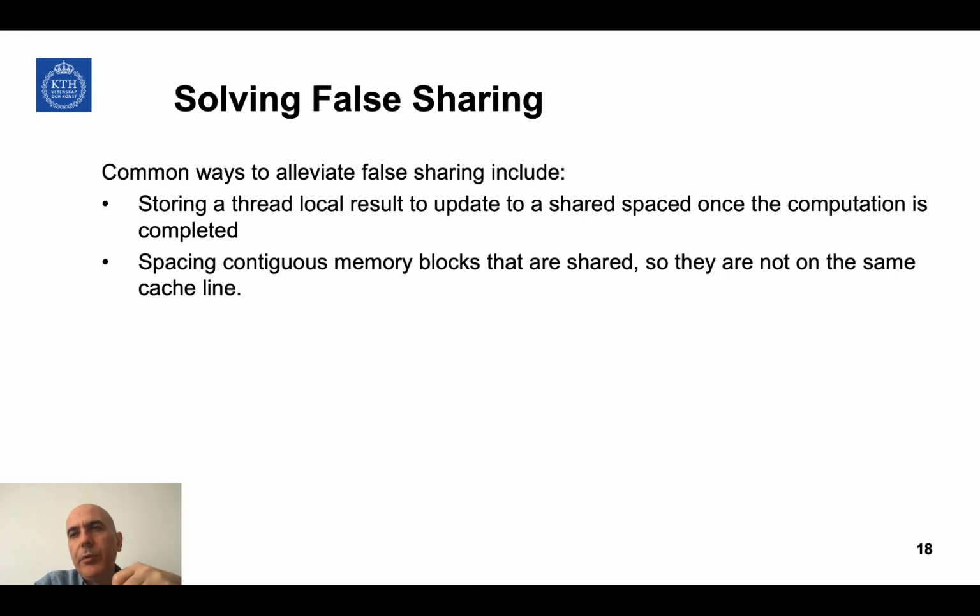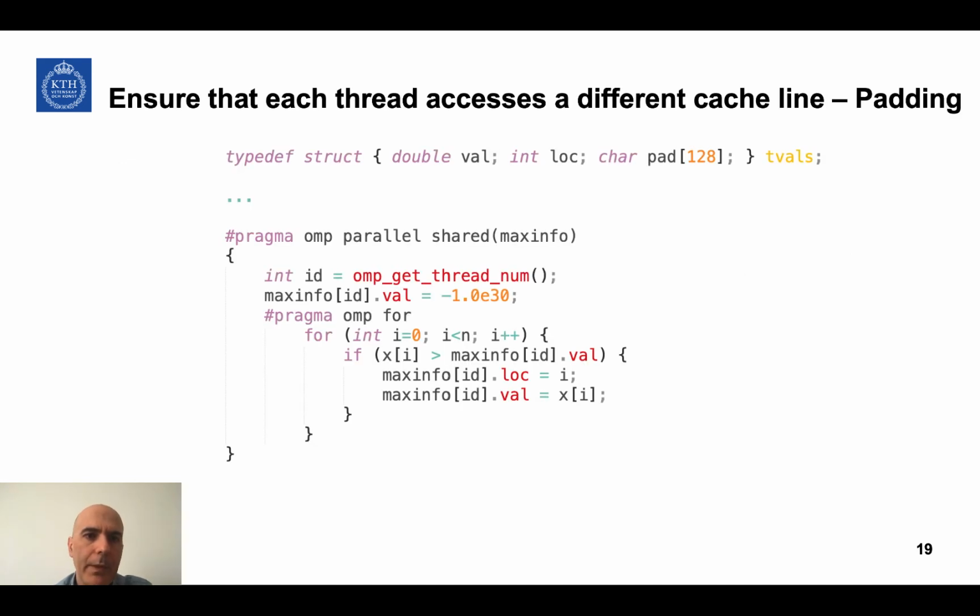We are wasting some of the cache line because of the padding, but on the other hand, we avoid the false sharing problem.